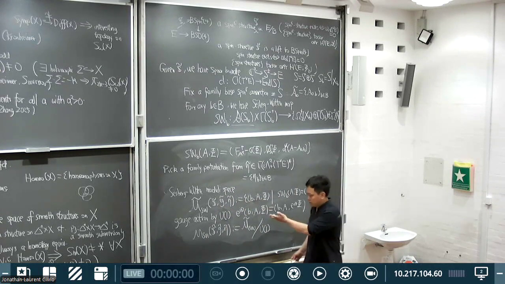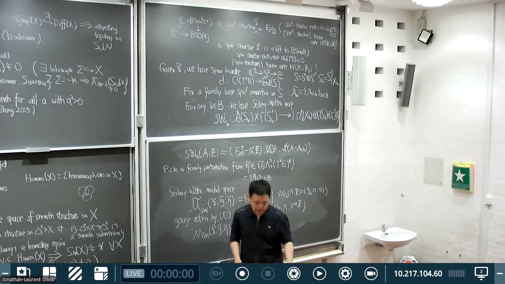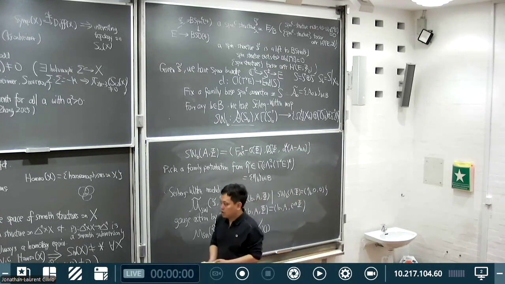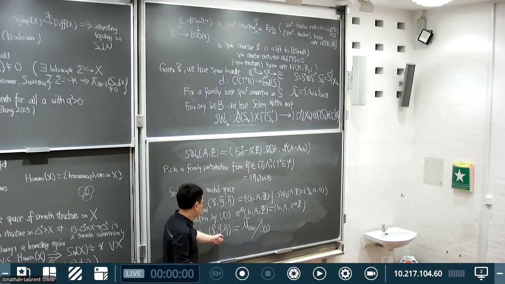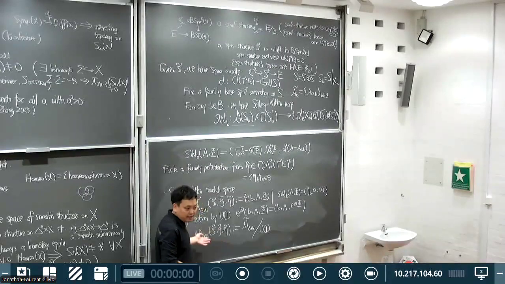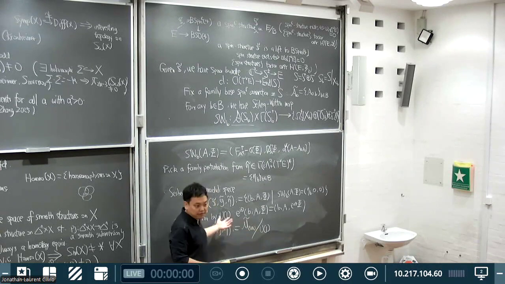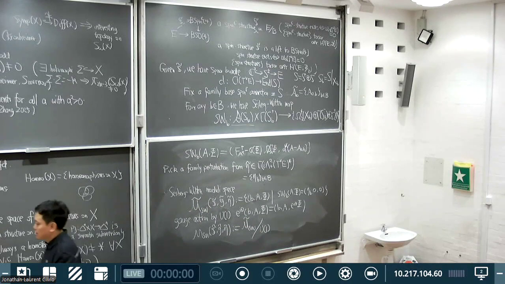So this is the moduli space we're interested in. Now we want to say that for a good choice of g and eta, this is a manifold, and one can extract the family Seiberg-Witten invariant from this manifold. That's what we are going to do next.